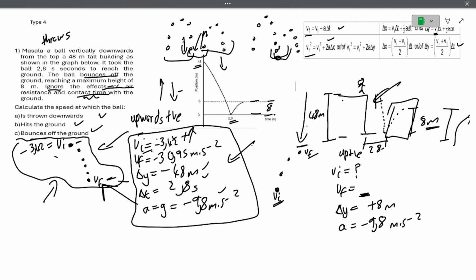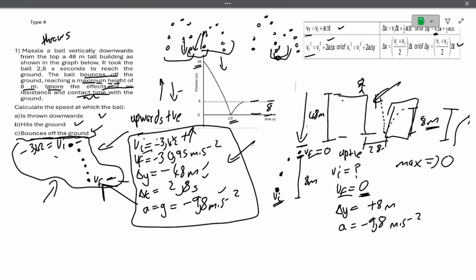They say that it reaches a maximum height of 8 meters. So when it had reached 8 meters, the velocity was 0, because at maximum height velocity decreases to a point where it is 0. So here at V final, velocity is going to be 0.